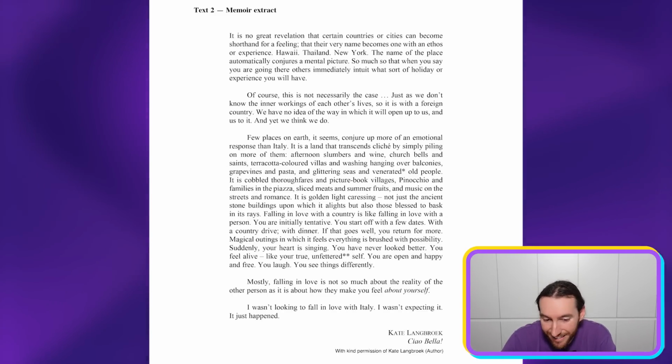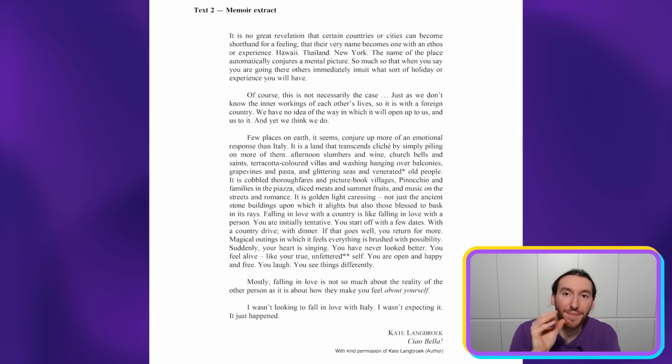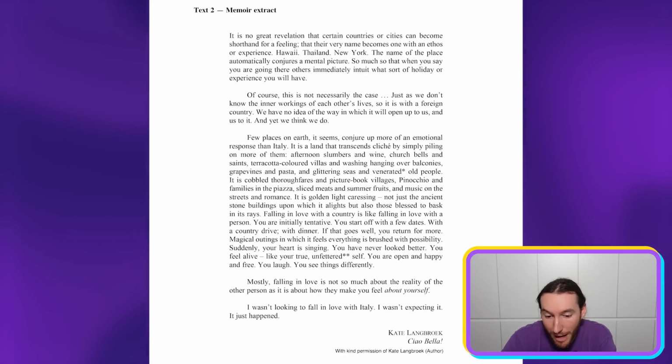There's also, you can see a list of all of these different things, grapevines and pasta. Whenever you see a list in a piece, think accumulation. Accumulation, that's a list of things, okay? And the list here is for emphasis, obviously. It's saying how many things there are.